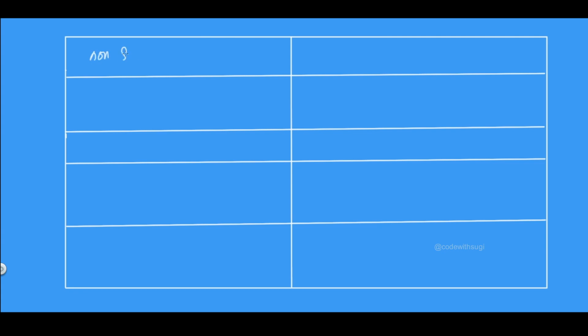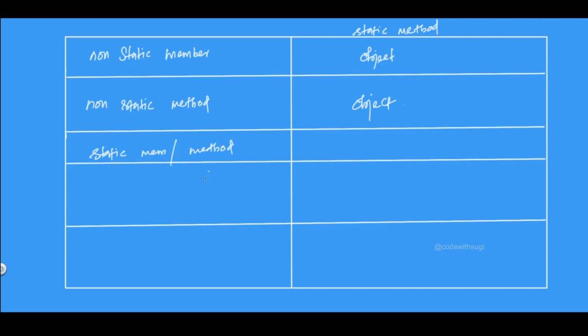Okay, fine. So for that I'm going to take a table like this. Here we will say non-static member into a static method. How we will access? Using the object. Then if it is static member or method, then inside of static method you can directly access using class name.